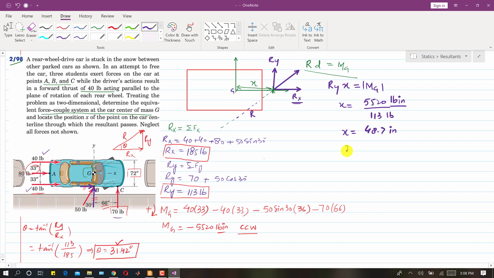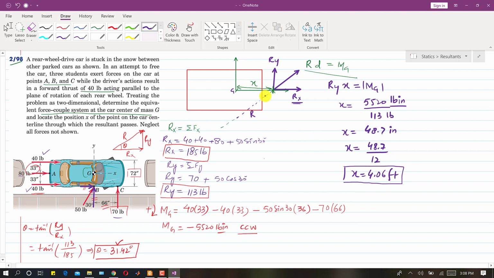Now in the book the answer is written in feet, so we will convert this into feet. To convert inches into feet, we divide 48.7 by 12, since 1 foot has 12 inches. If I divide this by 12, x is equal to 4.06 feet.